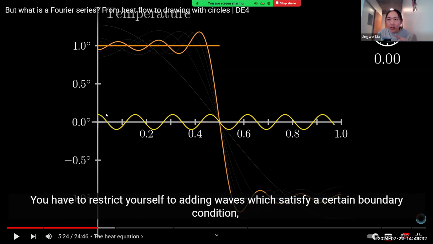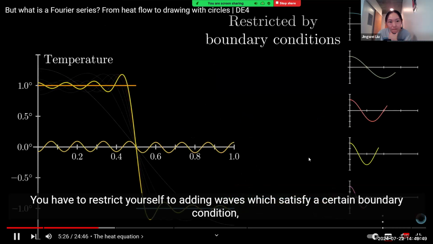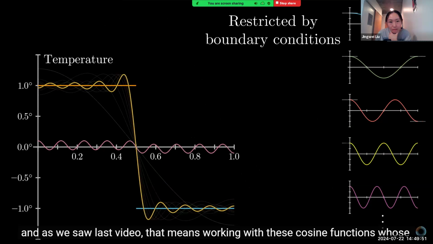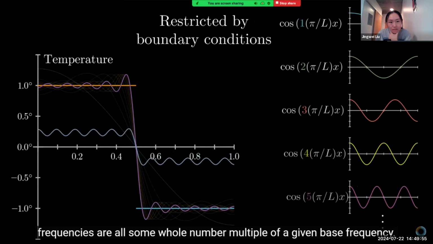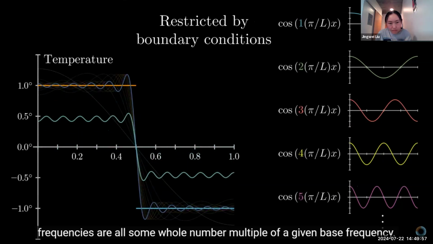Later on in that animation, you will see every wave that was used to create the square wave, they all fit the boundary condition, starting with 0 and ending with 0. You have to restrict yourself to adding waves which satisfy a certain boundary condition. And as we saw last video, that means working with these cosine functions whose frequencies are all some whole number multiple of a given base frequency.